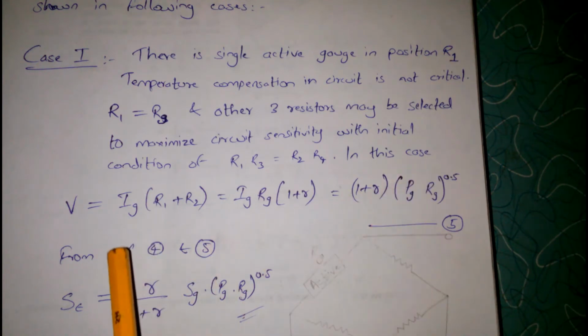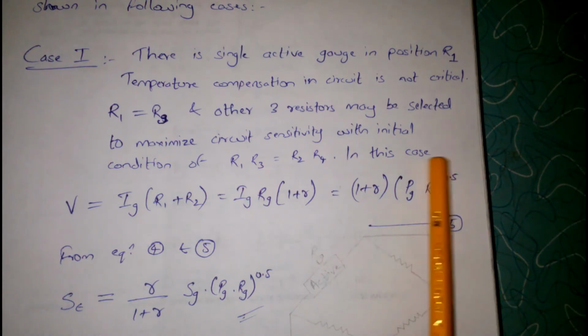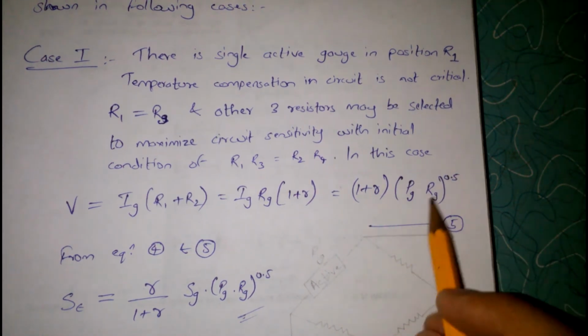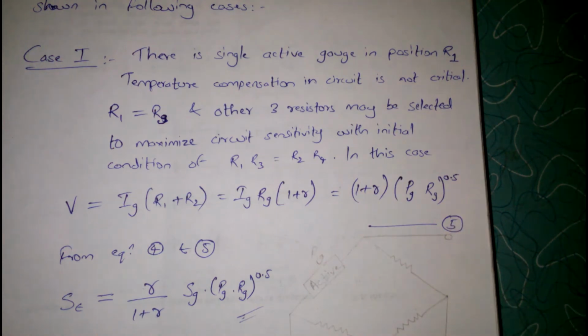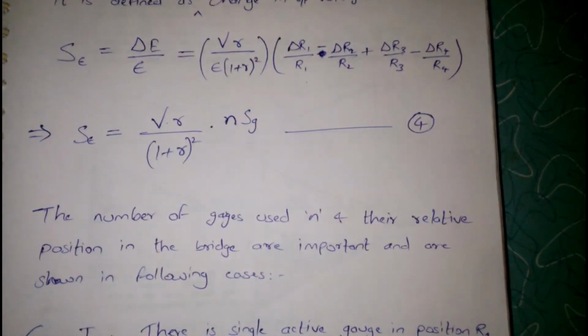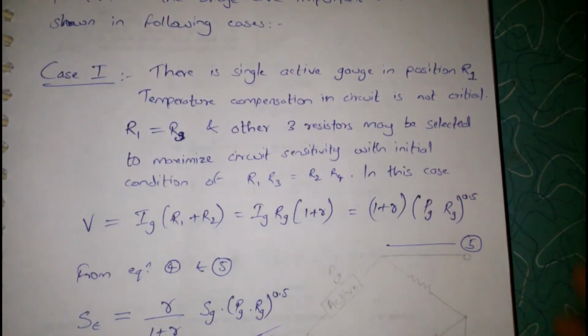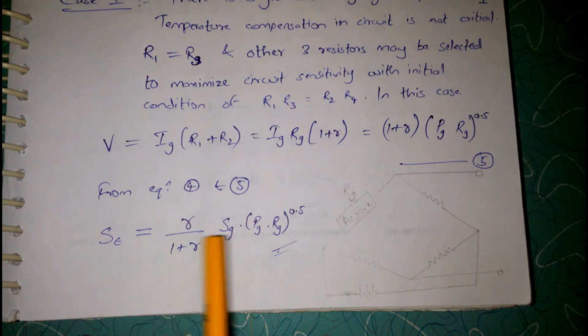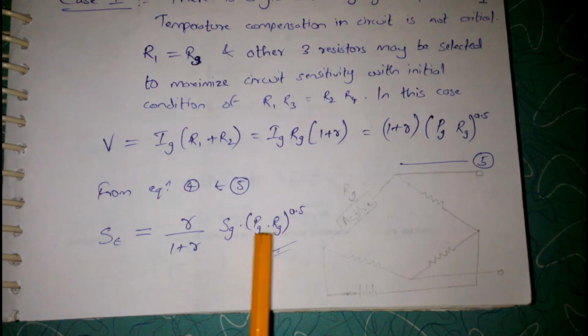In this case, the output voltage will be V equal to IG multiplied by (R1 plus R2), and it will ultimately equal (1 plus R) under root of PG multiplied by RG. This is very similar to the condition that we saw in the potentiometer circuit sensitivity. So from equation 4 and equation 5, we can come to the sensitivity of the first case, that is R upon (1 plus R) multiplied by SG into the square root of PG multiplied by RG.